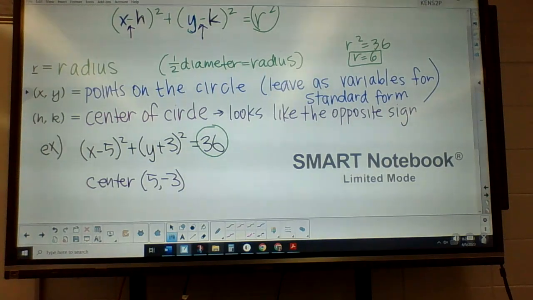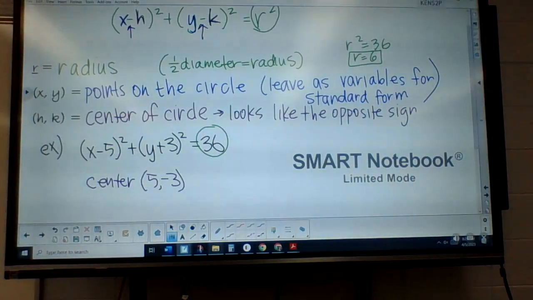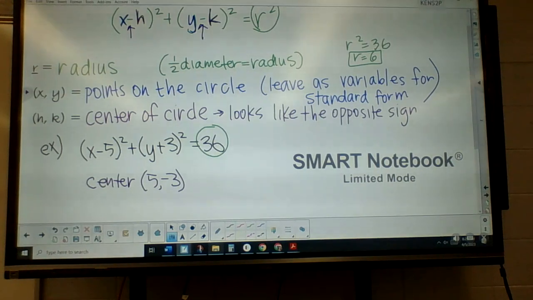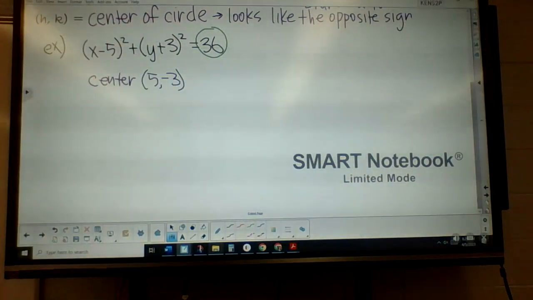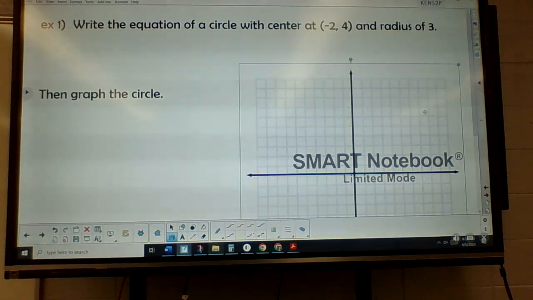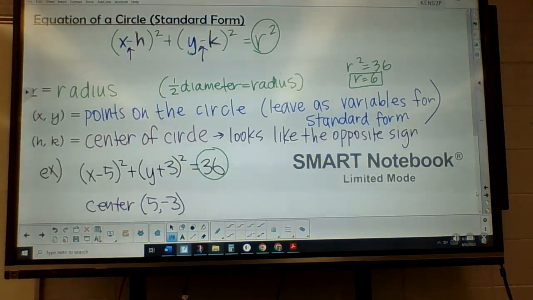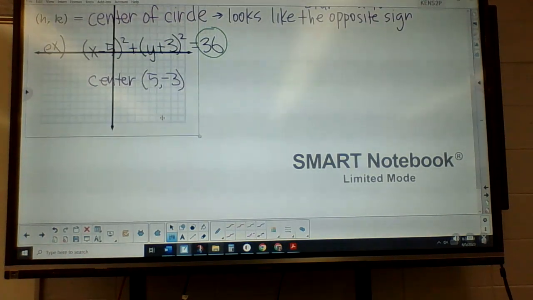We're going to graph based off of our center and our radius.